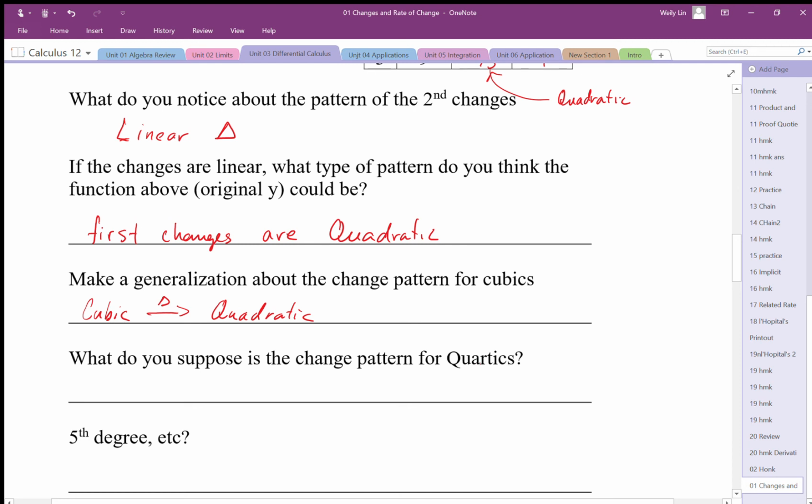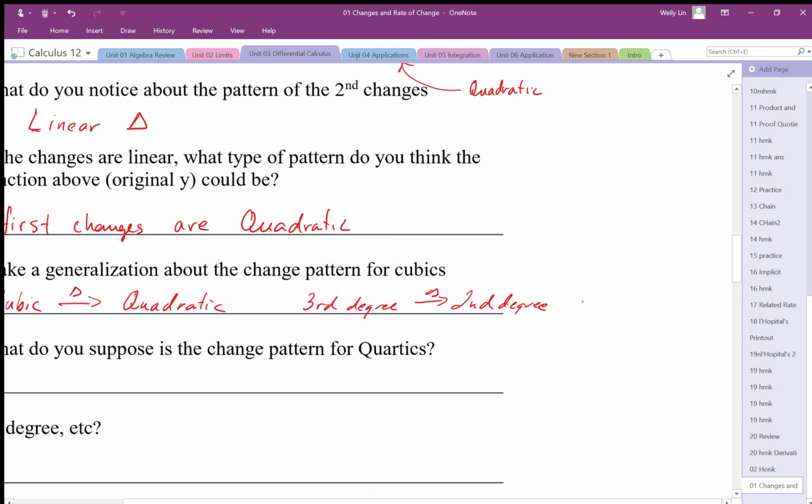And we'll write it like this. This is a third degree. Its changes are second degree. And we also saw that the second degree changes, that means change, that little delta there, are linear.